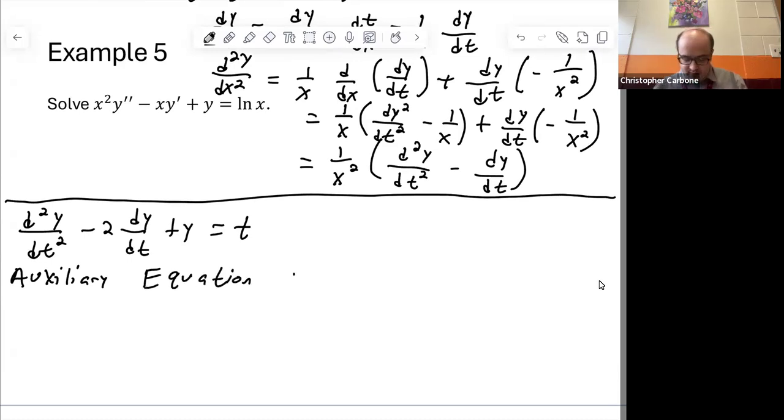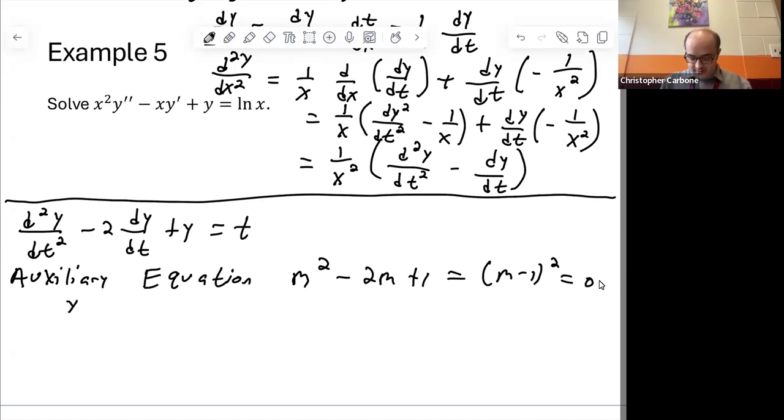The auxiliary equation is going to be m squared minus 2m plus 1. And that's going to give us m minus 1 squared is equal to 0. So the complementary solution we're going to get from this is going to be c sub 1 times e to the t plus c sub 2 times t times e to the t.